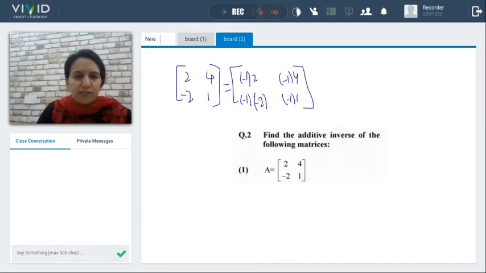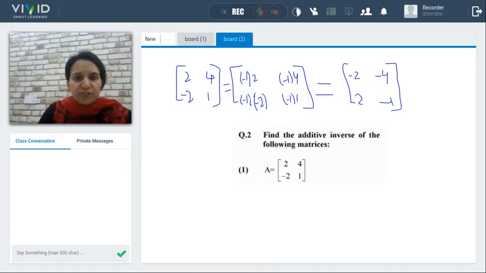So after that, let's write out the answer after equality. By just changing the signs, -1 into 2 is -2, -1 into -2 is +2, because minus minus makes plus. Similarly, if it has -4, it has -1. So this is the answer. This is the additive inverse of the matrix A.